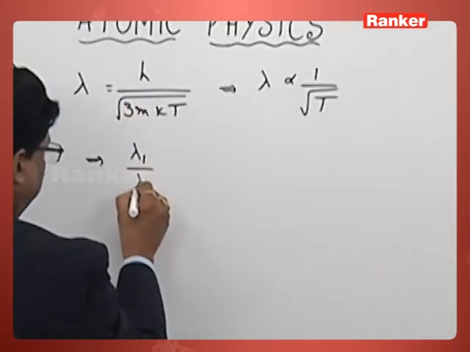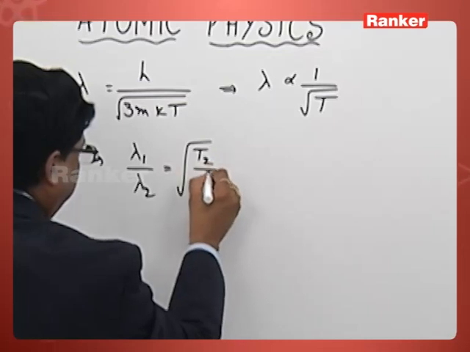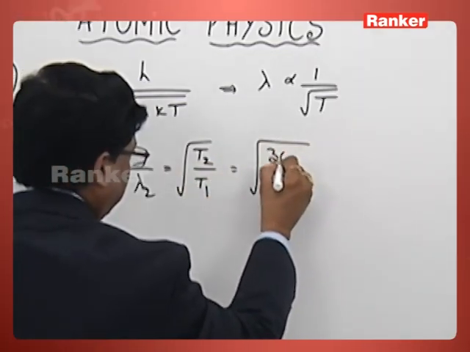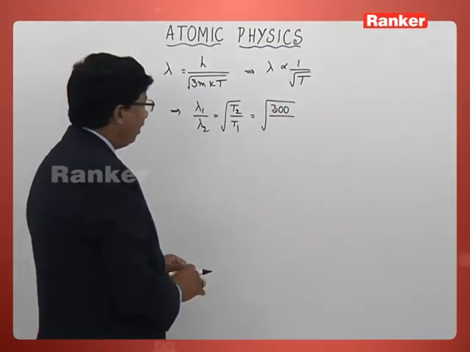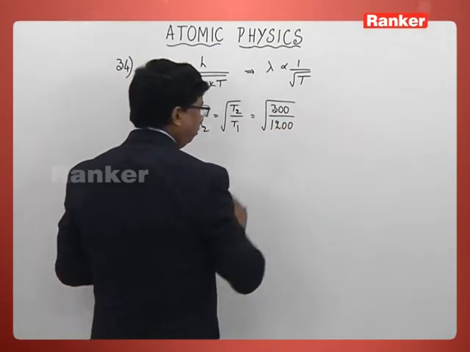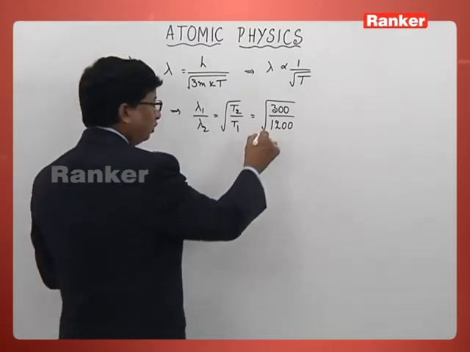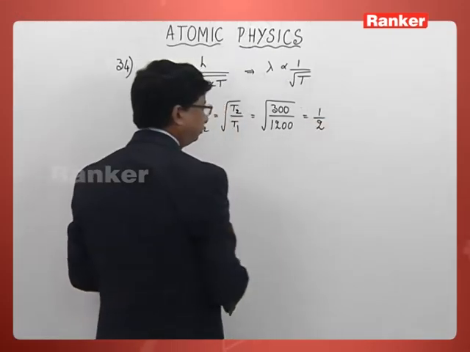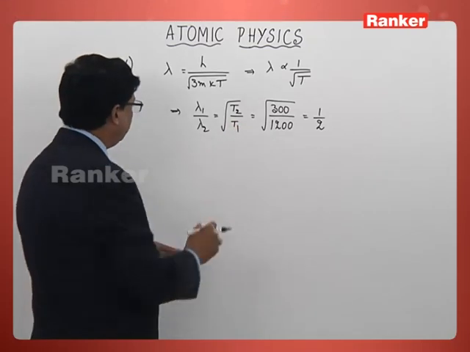So lambda 1 by lambda 2 is equal to under root T2 by T1. T2 you all know as 300 Kelvin because 27 degrees centigrade has been mentioned. And T1 is now going to be 1200 Kelvin because 927 degrees centigrade is given. So you can cut this 4 times, so it now becomes 1 over 4, and under root means it is 1 by 2.